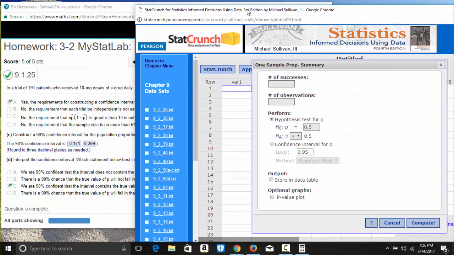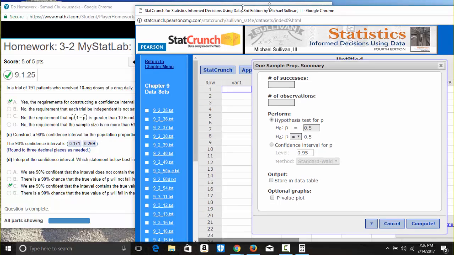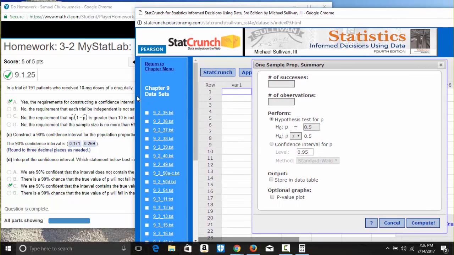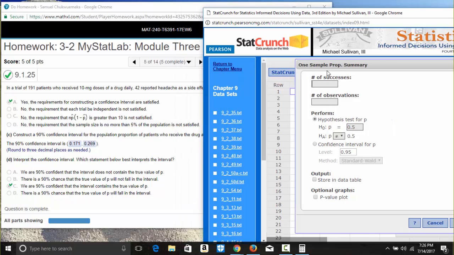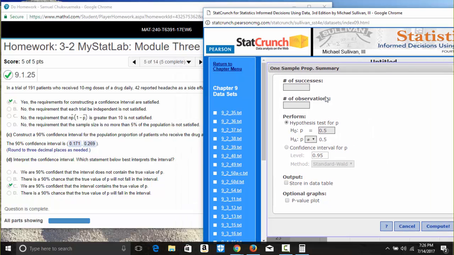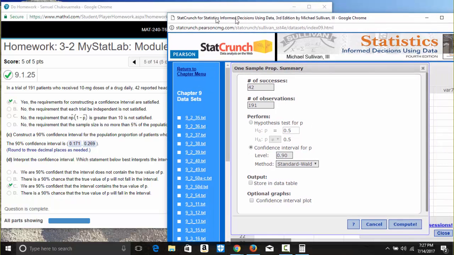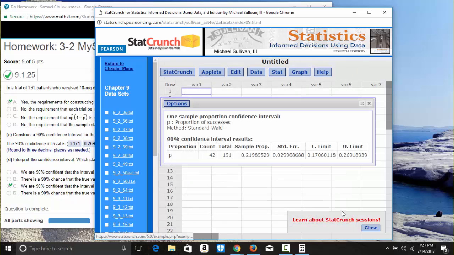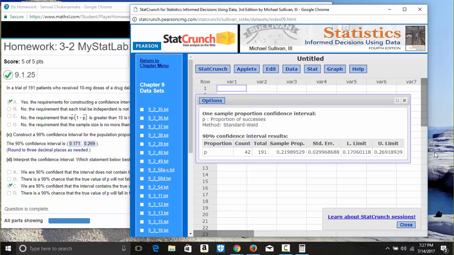X is 42. Sample size is 191, and we want to construct 90%. So 0.90. Leave the method as standard Wald. Then compute. And that is the same answer we got here, 0.171, 0.269.